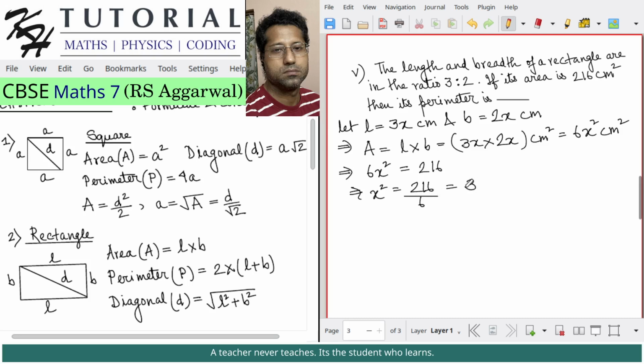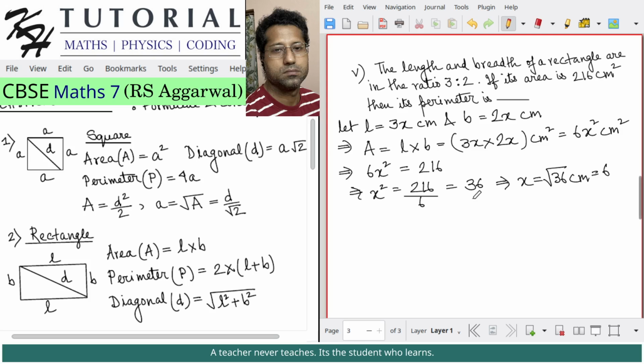This is 36, so x is equal to square root of 36, which is equal to 6. Sorry, I am wrong. x is not 6 centimeter, but x is only 6, because we have assumed the length and breadth to be 3x centimeter and 2x centimeter. So over here, x is just a number.